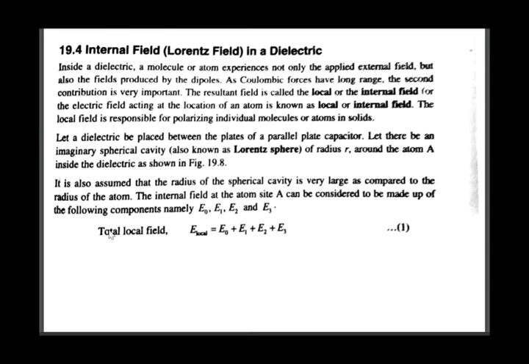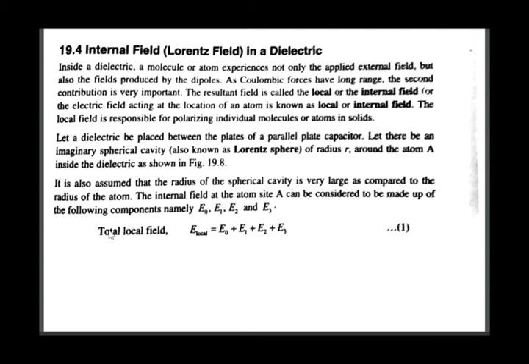Let a dielectric be placed between the parallel plates of a capacitor. Let there be an imaginary spherical cavity, also known as Lorentz sphere, of radius r around the atom A inside the dielectric, as shown in the figure. It is also assumed that the radius of the spherical cavity is very large as compared to the radius of the atom.